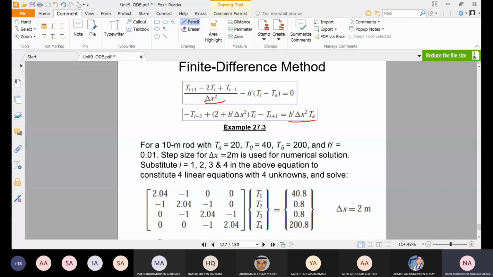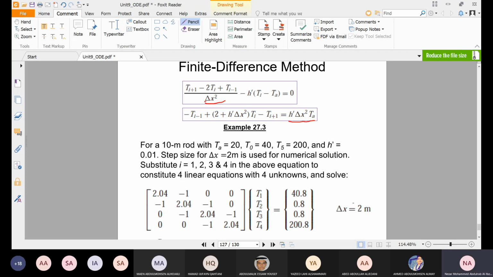We take all these to the right side, and what we have inside the bracket is the parameter, otherwise it is known from the information, or it is boundary values or unknown.